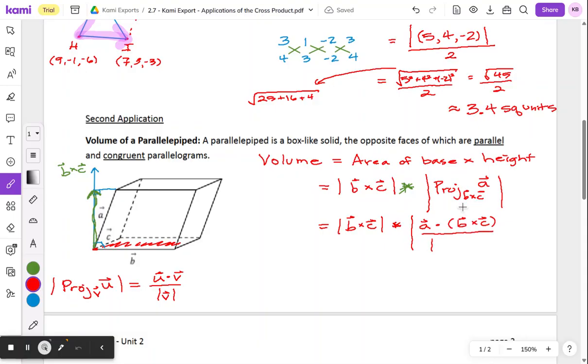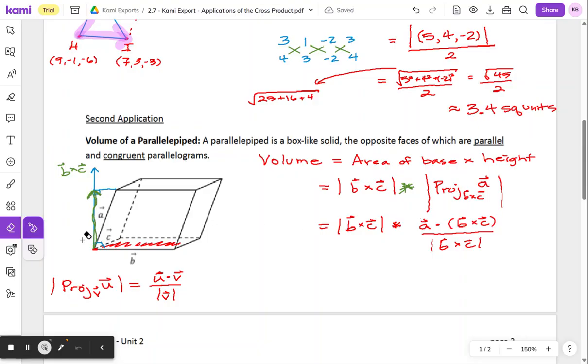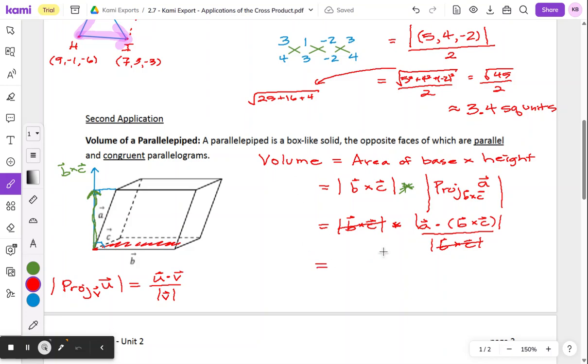All over the magnitude of my V, which in this case is B cross C. Excuse me, I drew these brackets wrong. These brackets belong in the top only. Okay, so you can see here, I can cross these out. They will cancel. And I'm going to be left with the magnitude of A dot B cross C.